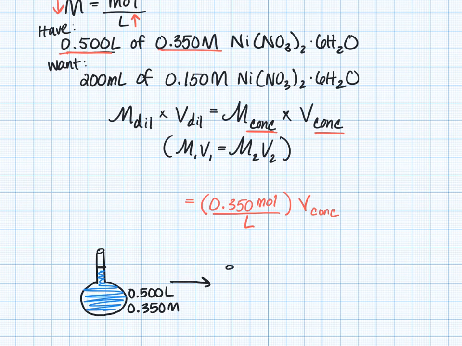Let's say I have a smaller volumetric flask. And you want 200. I'll put a little decimal place after the 200.